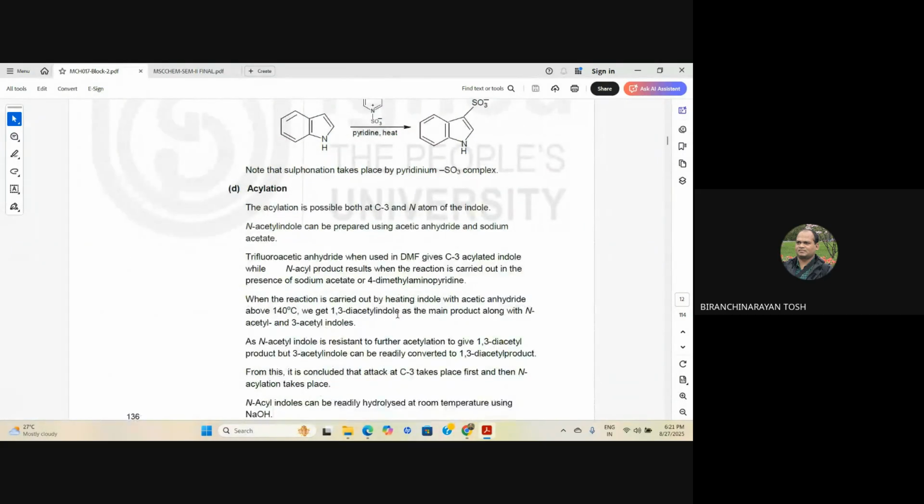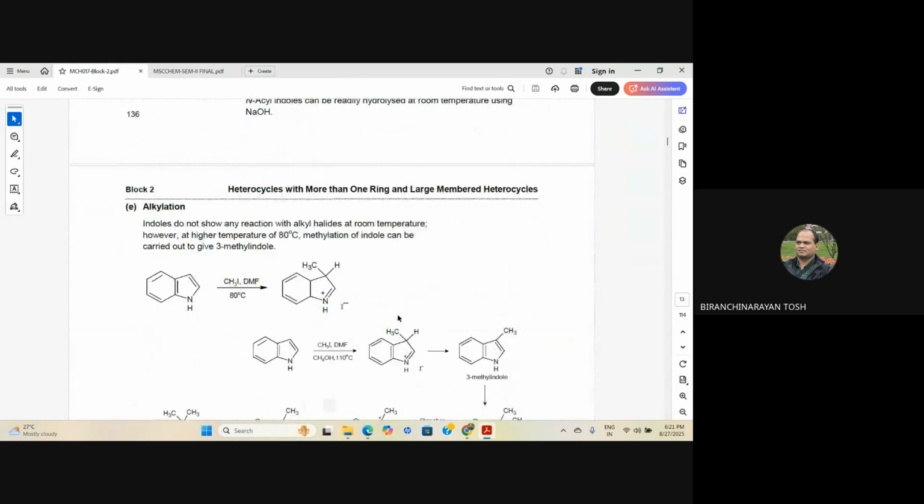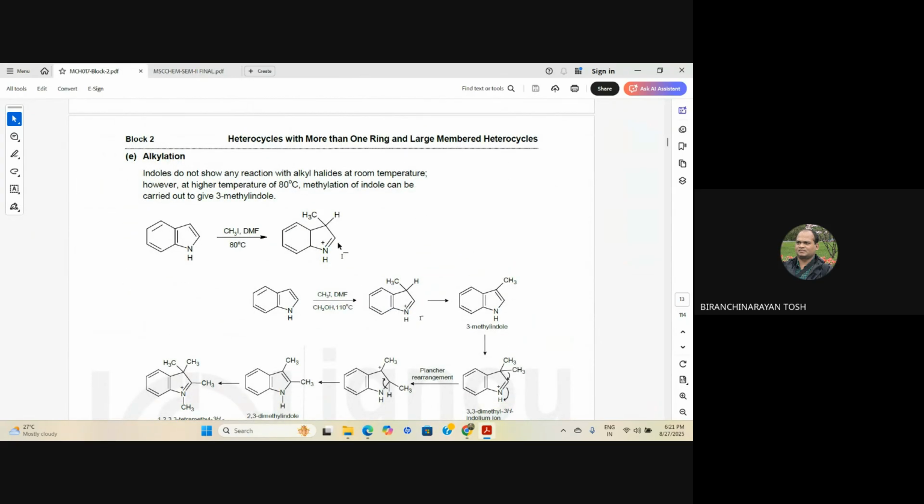Acylation. Acylation is possible both at C3 and the nitrogen atom of the indole. So N-acetylindole can be prepared using acetic anhydride and sodium acetate. Whereas trifluoroacetic anhydride, when used in DMF, gives the C3-acylated indole, while the N-acetyl product results when the reaction is carried out in the presence of sodium acetate and 4-dimethylaminopyridine. Alkylation is also at the 3 position.